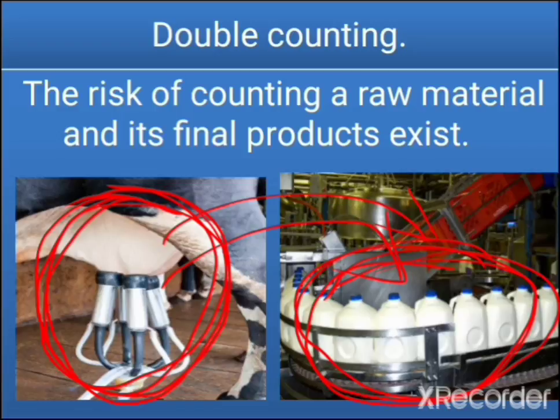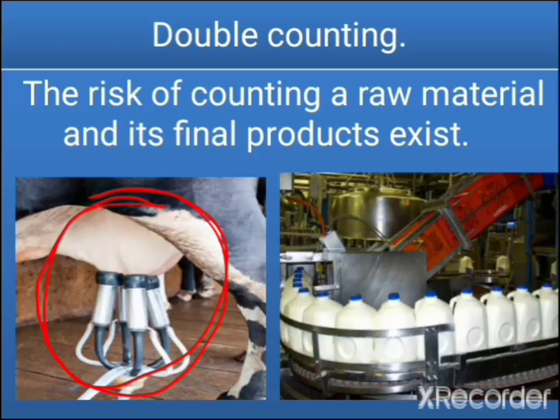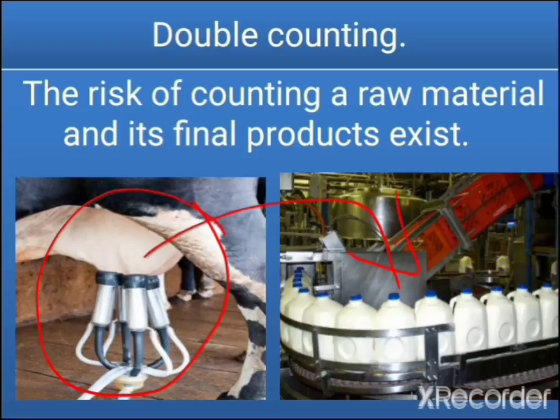That's why it's very important that in this method, what is counted is called the value added. The right thing to do is to count only the value added in the production process. So they will count the quantity of milk here, which is the output, in terms of monetary value. Now when they bring it down to this company to process, they will not calculate the milk again. They will count only the value that has been added to the milk by processing and canning it.